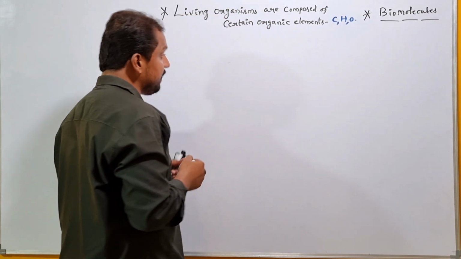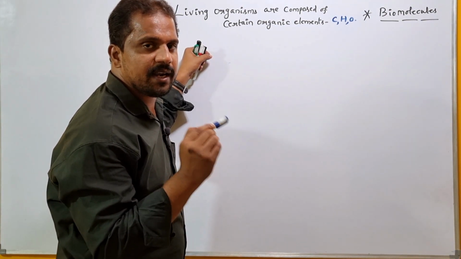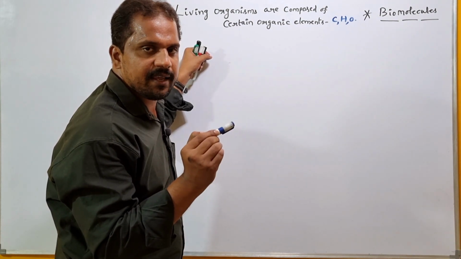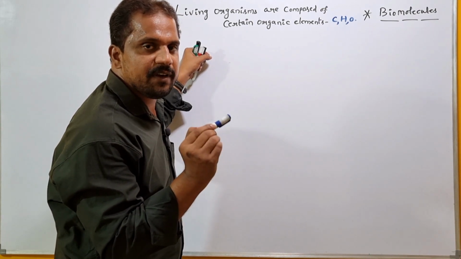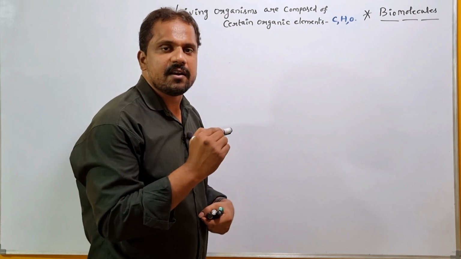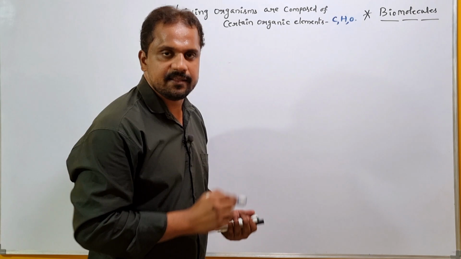In the same way, if we perform a similar observation in a non-living component like the earth crust, we again observe similar organic elements like carbon, hydrogen and oxygen. The organic elements present in living tissue are also observed in non-living components like the earth crust.